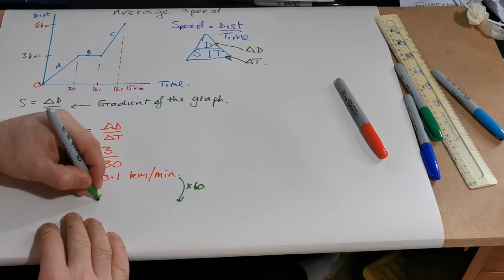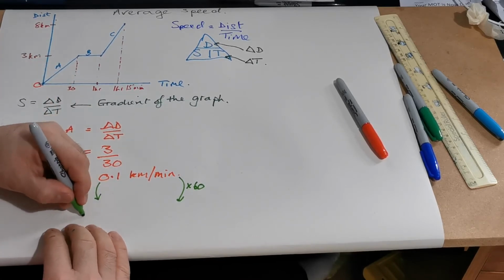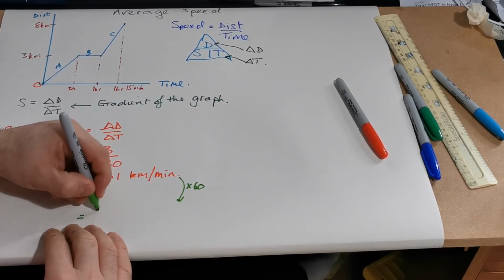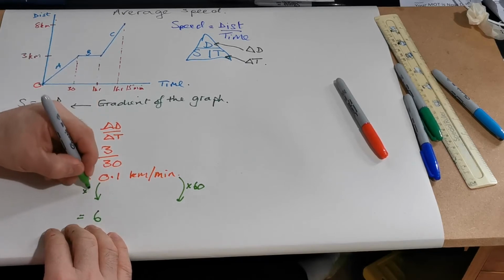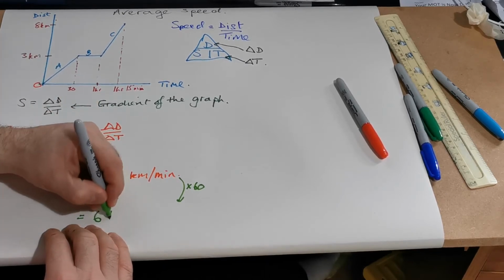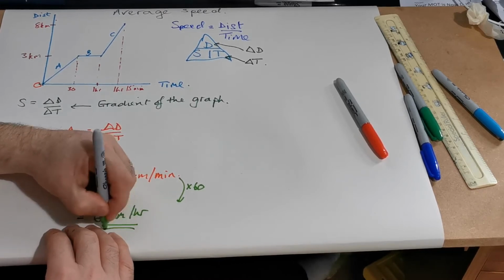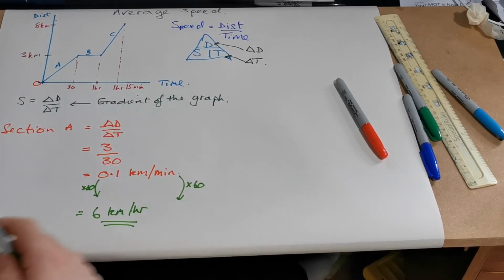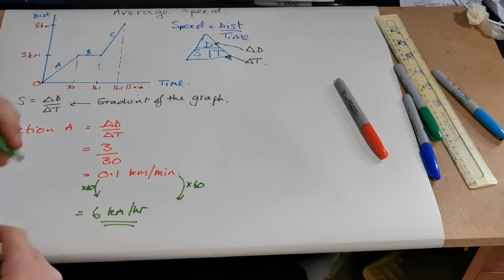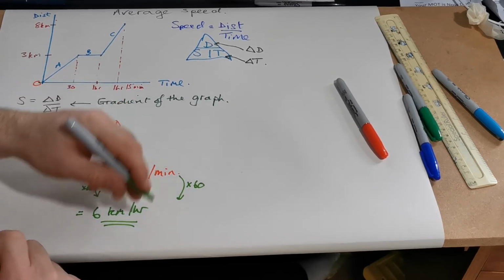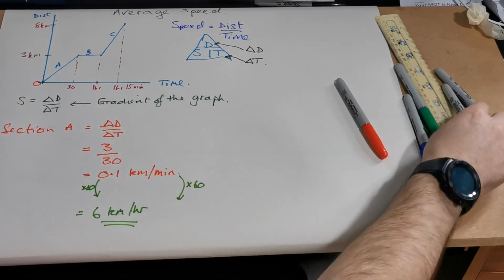So I'm going to times this by 60 here, and then I'm going to get 0.1 times 60. It's 6 kilometres per hour. And I would always recommend finding in kilometres per minute first, and then times by 60 to find kilometres per hour.